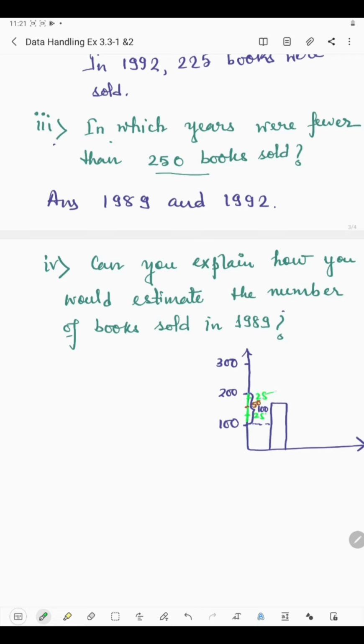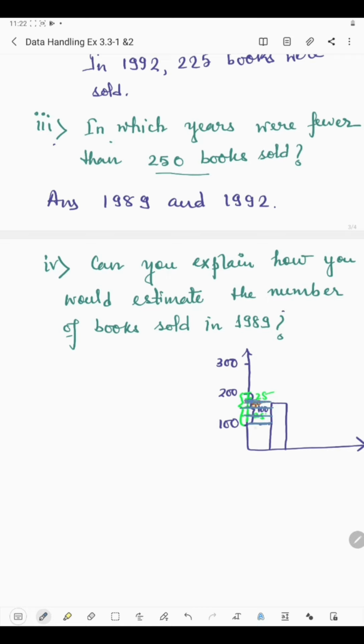That means we divided this part into 4 equal parts: 1, 2, 3, 4. Now this bar is showing up to this. Till here is 100, this is 125, this is 150 and this is 175.